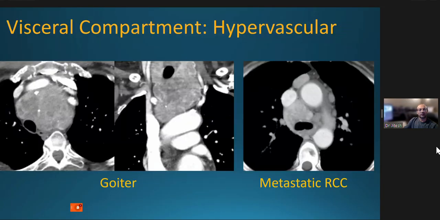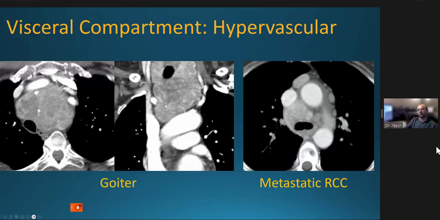All right, so these are different examples of hypervascular lesions in the visceral space. As I mentioned earlier, goiter can extend to the visceral space. This is an example where we can see a thyroid goiter with calcification in the visceral space. On the coronal image, we can see continuation of the mass with the neck thyroid, extending to the visceral space.